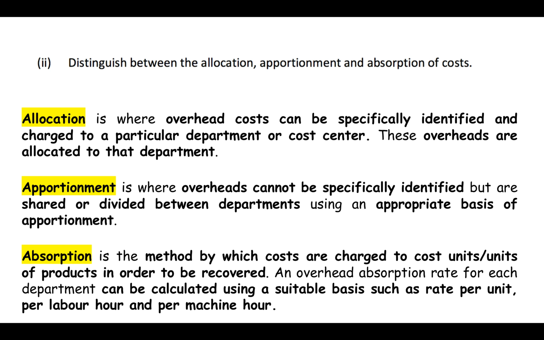And finally, absorption is the method by which costs are charged to cost units or units of products in order to be recovered. An overhead absorption rate for each department can be calculated using a suitable basis such as rate per unit, per labour hour and per machine hour.